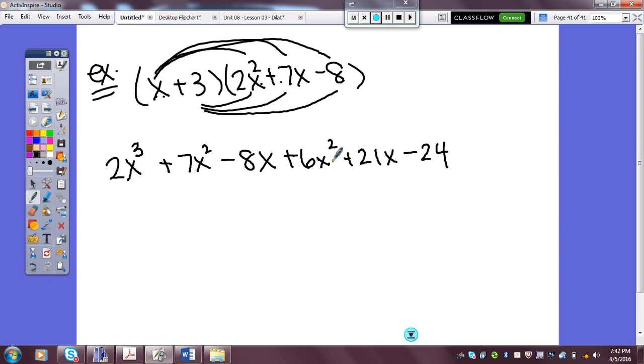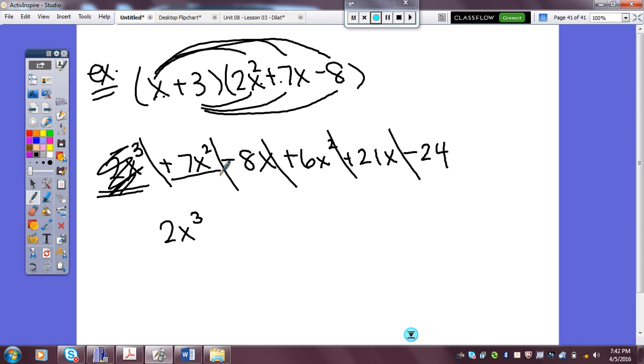So now because I have plus or minus signs between everything, I'm going to go ahead and draw my slashes and see if there are any terms that I can combine. Look at 2x cubed. Can you combine him with anybody else? Nope. So he gets written down below. How about 7x squared? Well, you can add him with 6x squared. So 7x squared and 6x squared make 13x squared. Why did I not add the exponents?